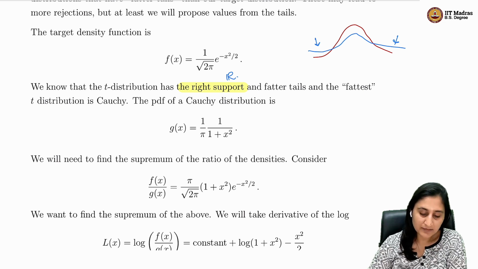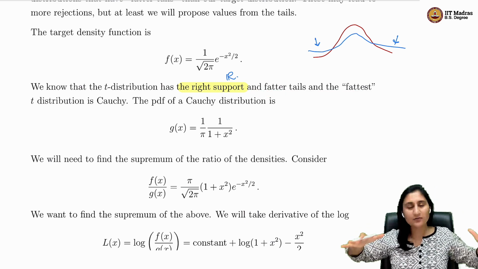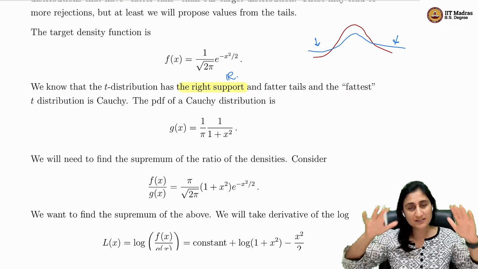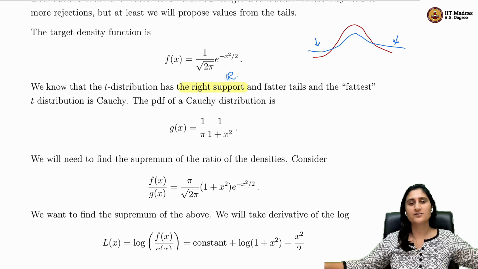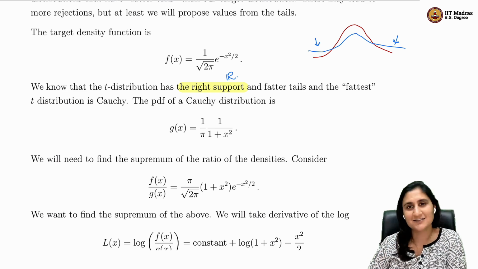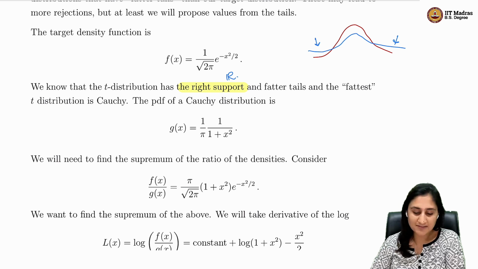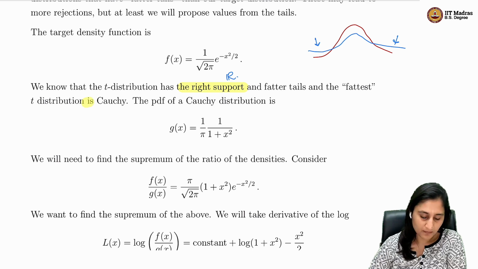Fatter tails meaning that the density function does not drop down to zero very quickly as you go farther and farther away from zero. Okay, and the fattest t distribution, the fattest in the tails, is the Cauchy distribution, which corresponds to degrees of freedom equal to 1.